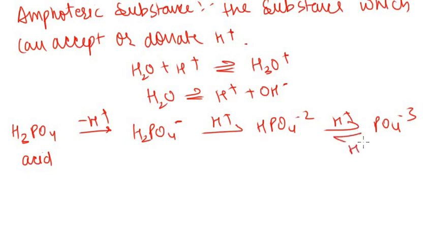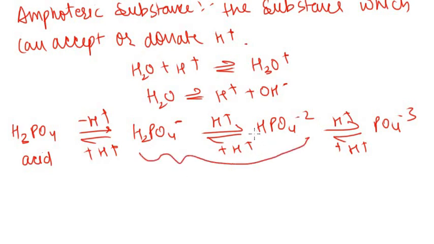If we add H plus back at each step, we see H2PO4 minus and HPO4 minus 2 can both accept or donate H plus. So these are known as amphoteric substances.